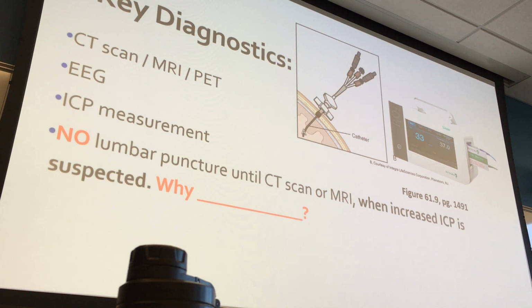But in that setting, what would you be afraid of? Does it have to do with the Monro-Kellie doctrine, that if you were to pull out some of that fluid, then somewhere else could herniate? Exactly, it's going to mess with the release of pressure. You can have a horrible release of pressure that could cause the cerebral herniation. That's why you would never do it if you suspect increased cranial pressure.